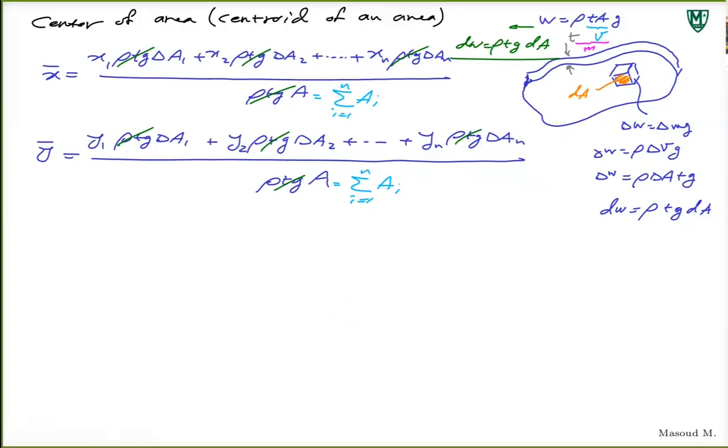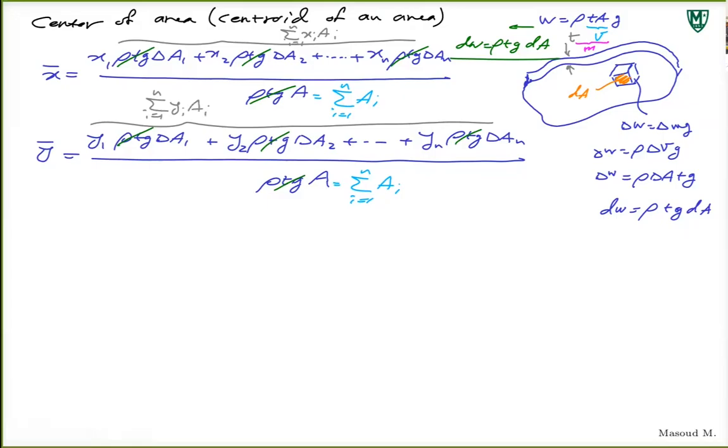So we get a summation. In the numerator, you'll get summation x_i A_i from i to n, and from here you get summation i equals 1 to n y_i A_i.